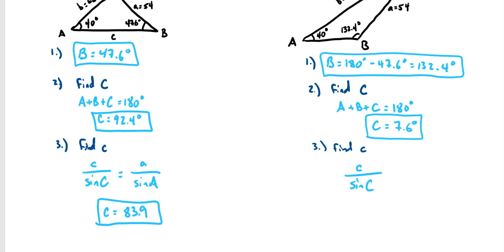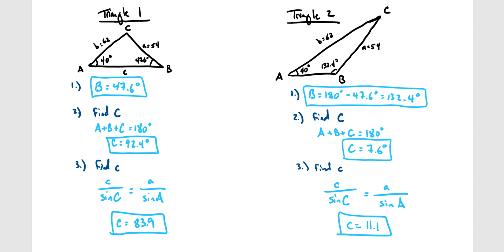C over sine of C equals A over sine of A. The A's are going to be the same. The only difference between these two, left and right, is going to be the angle C that we just found. Plug everything in, and we would end up getting C, side C is 11.1.